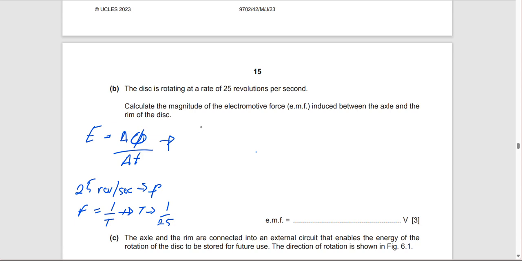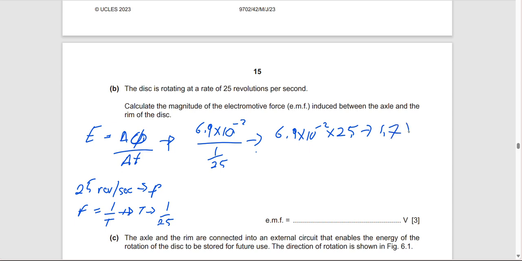If you plug that in with the answer that we got for our magnetic flux, over 1 over 25, which is essentially just multiplying by 25, you get your answer to 2 sig figs, 1.7 V.